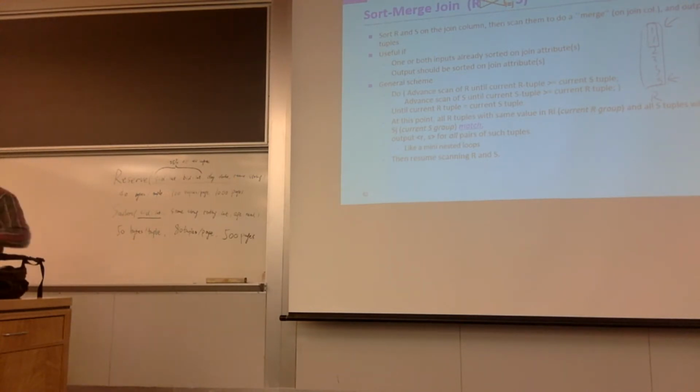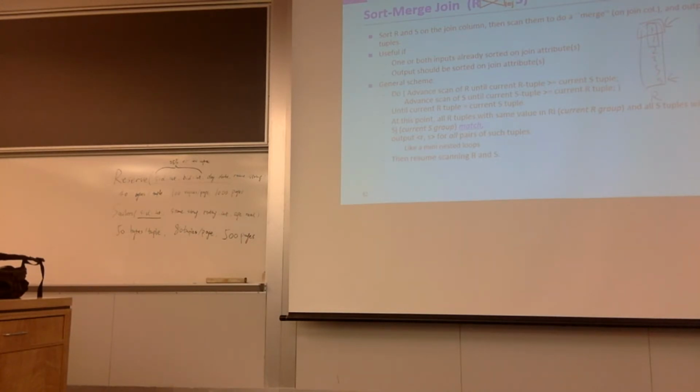That's the relation you use to probe the other relation. How do you determine what's the range in the other relation? You look at the current pointer and start moving that pointer downward, and you emit all the tuples with a matching key here.